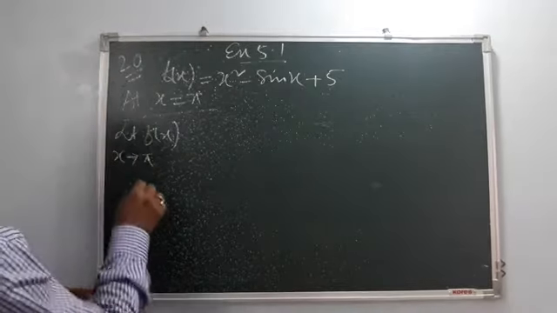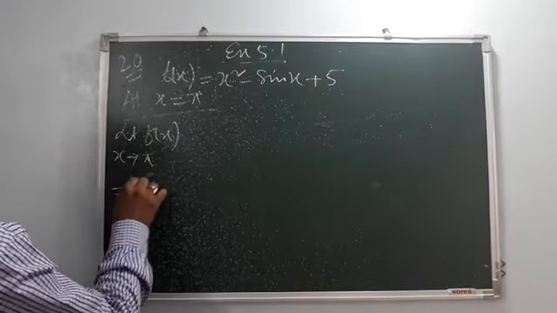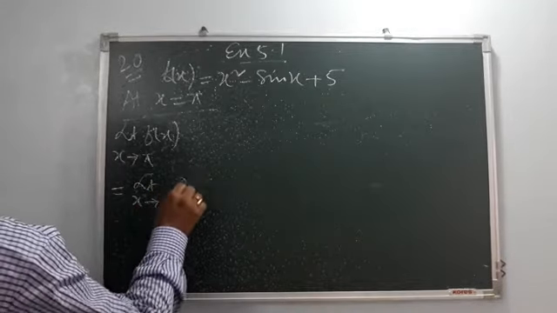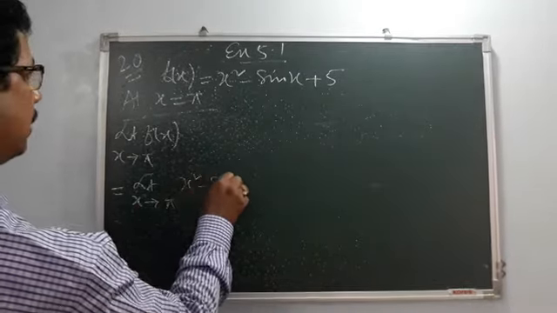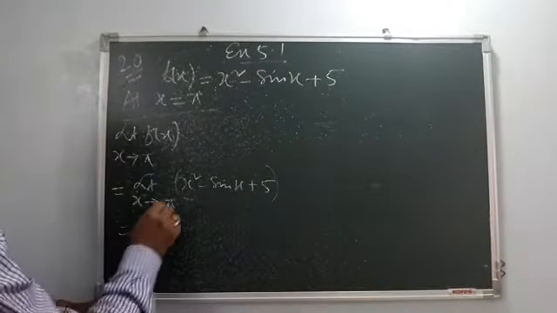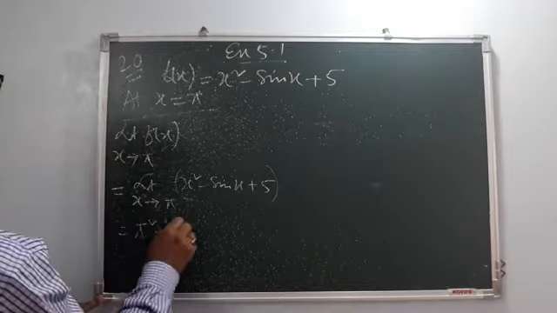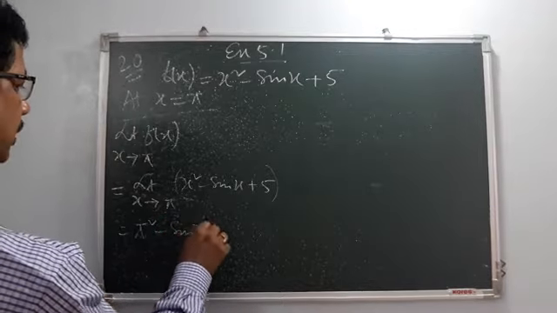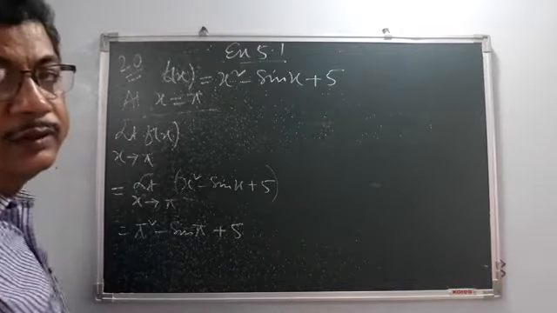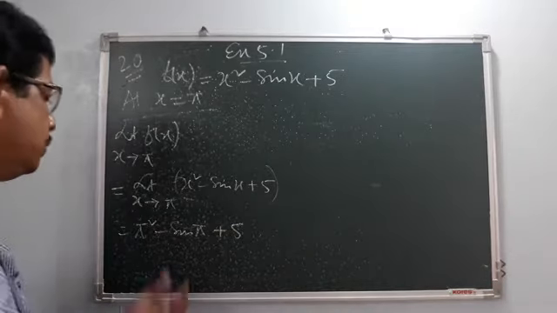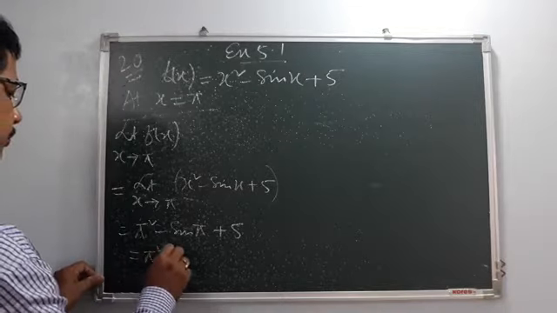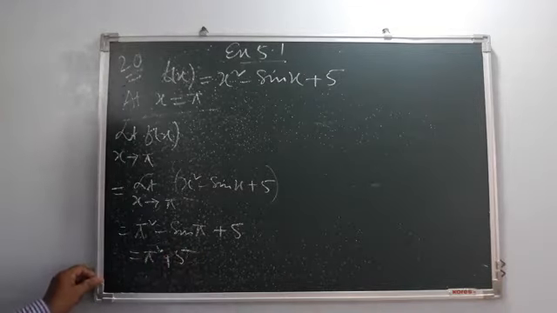Limit x tends to pi of x square minus sin x plus 5 is pi square minus sin pi plus 5. Sin pi is sin 180, which is 0. So it is pi square minus 0 plus 5.